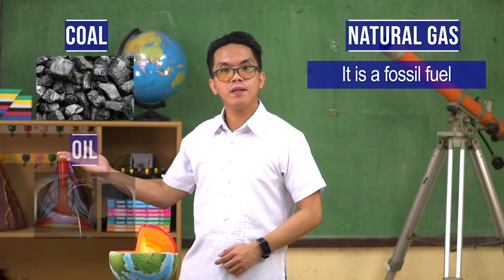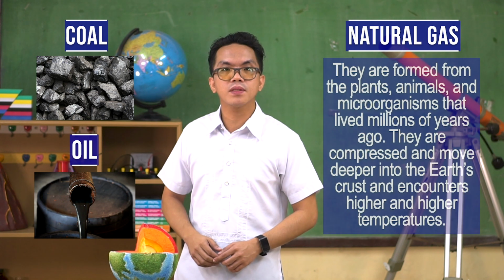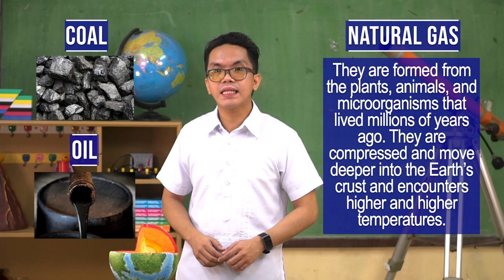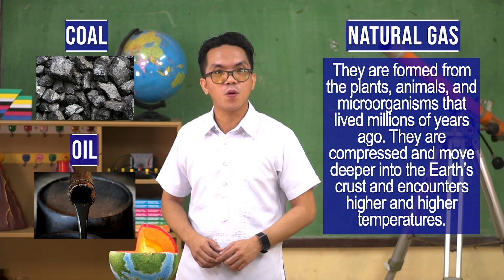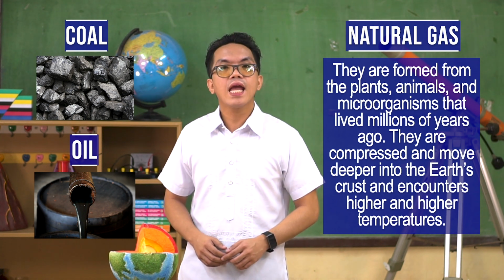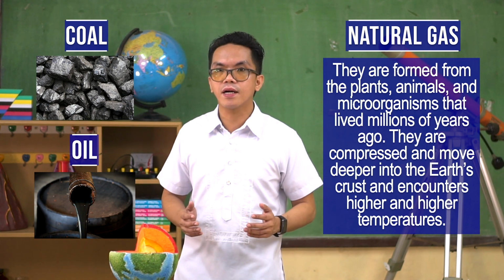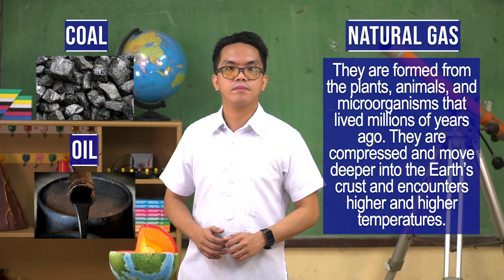Meanwhile, natural gas is a fossil fuel. Like other fossil fuels, such as coal and oil, natural gas forms from the plants, animals, and microorganisms that lived millions of years ago. They are compressed and move deeper into the Earth's crust and encounter higher and higher temperatures.